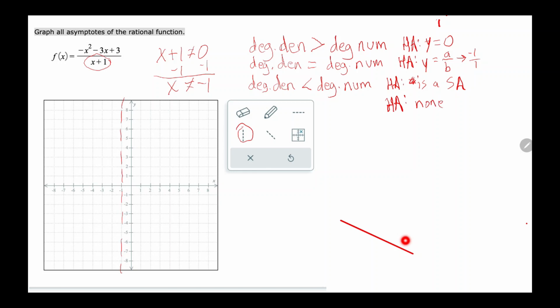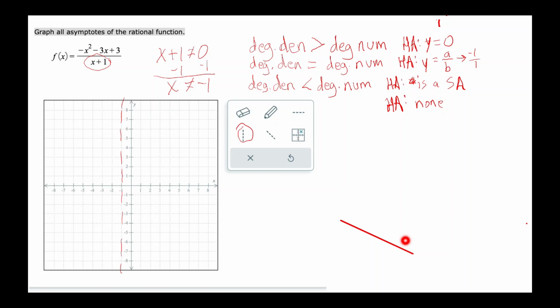Those are the two options if the degree of the denominator is less. In this case, the degree of the denominator is 1. The degree of the numerator is 2. And we've talked about degrees of polynomial functions already.